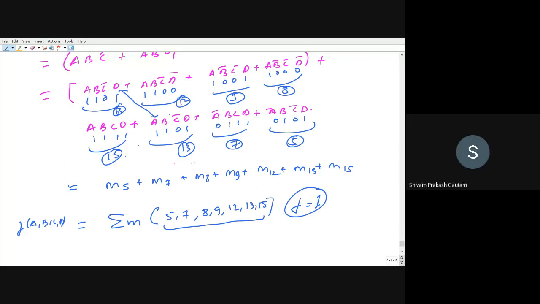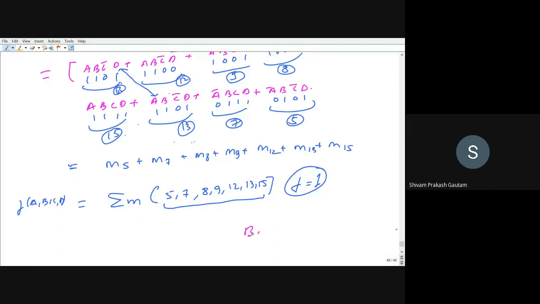Excuse me, sir. Yes. Sir, why do we need to write the function in min term form? Because this will be used in further what we study as some techniques to reduce the functions or the expressions. Right now, what are the techniques that we are using? The technique is called Boolean algebra, where we need to have certain theorems and in certain forms, and we can reduce the variables, right?